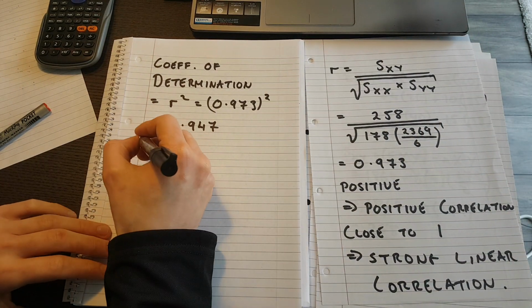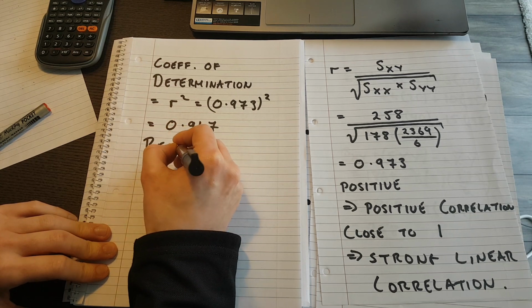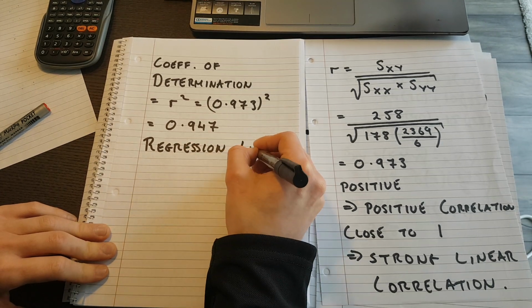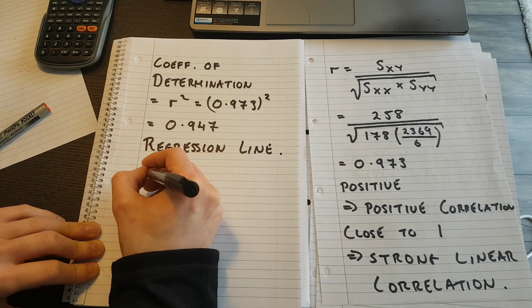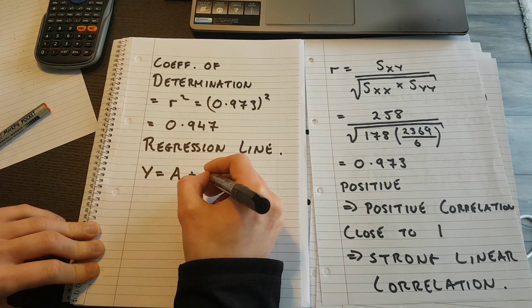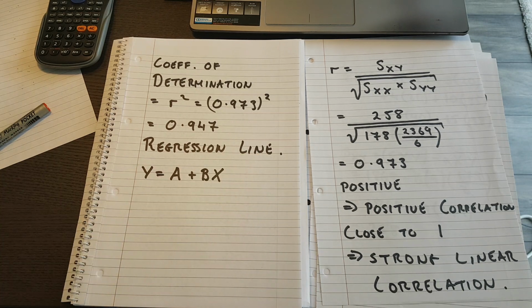Okay, so the next thing we want is the regression line. The regression line is going to have the form that Y is going to be A plus B times X. Okay.